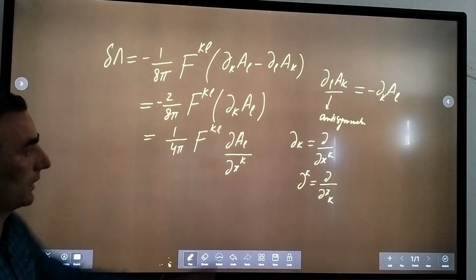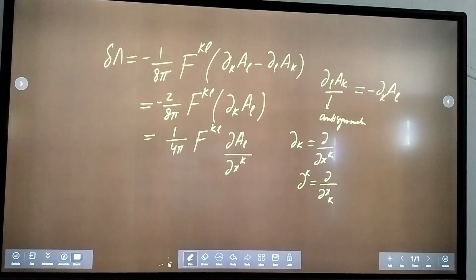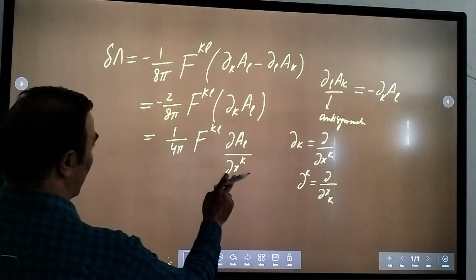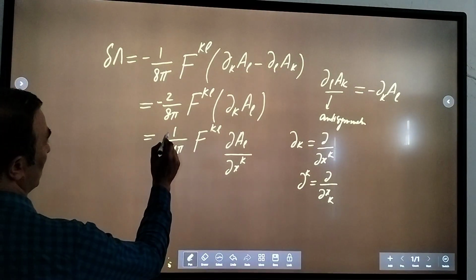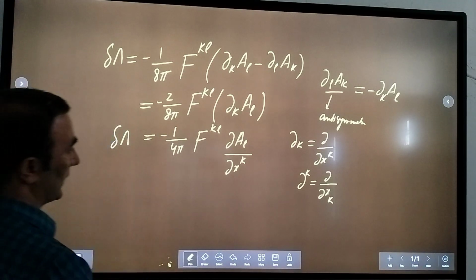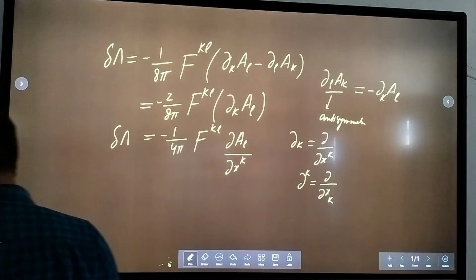Okay, so I can rewrite this. So instead of this, I use this one. Now let me rewrite this term. This is minus here. This is our result when you take the variation of this action, or this electromagnetic field. Now let us use this in our previous equation.